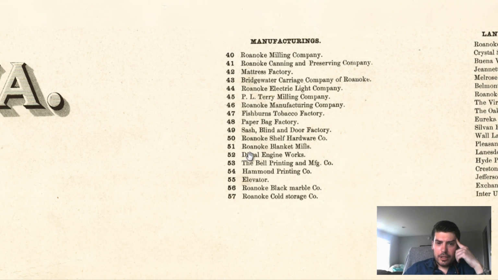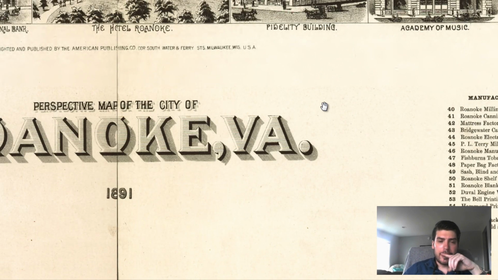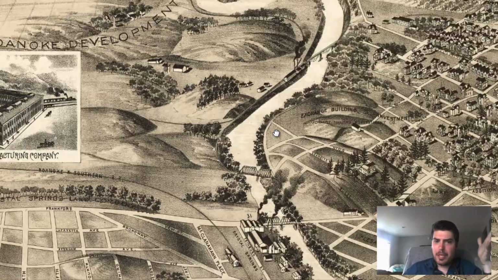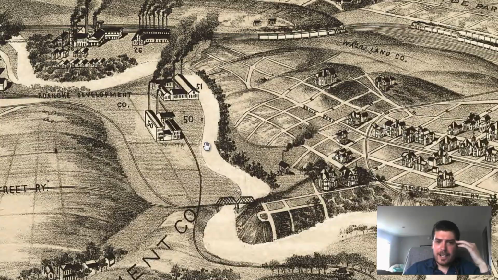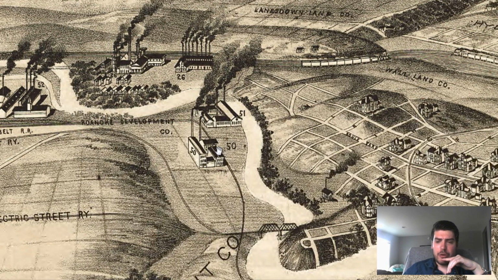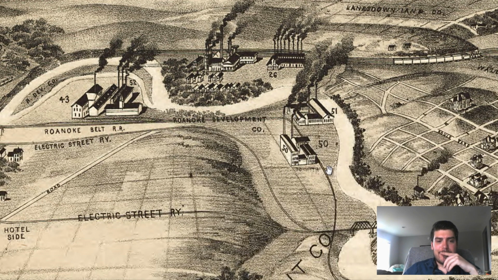Uh-oh. Where are we? Roanoke Blanket Mills. Roanoke Self Hardware. Okay, so maybe not. Pretty vague on those assumptions. We've got hardware. I don't know what they mean by blanket. That could be hardware. But I know that they're working on works right here.